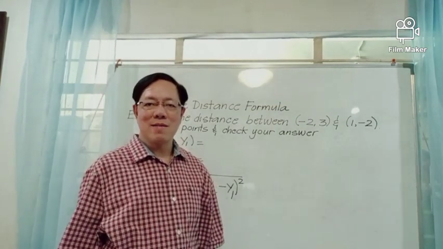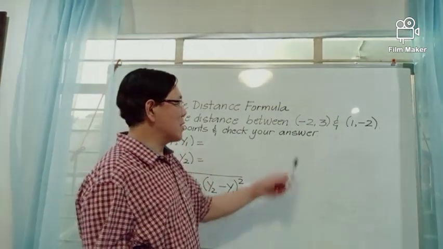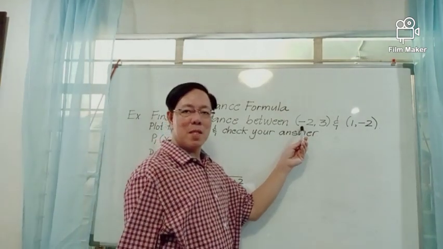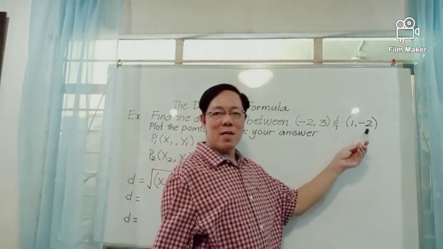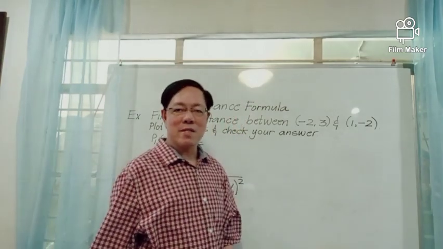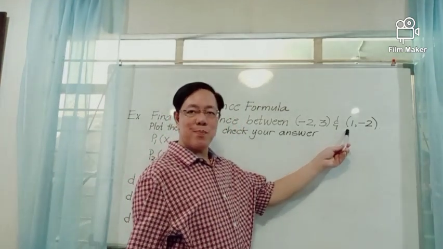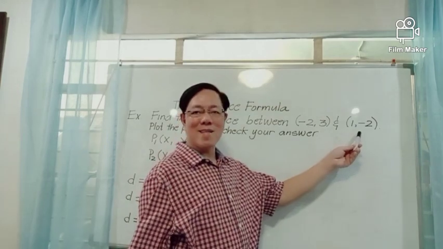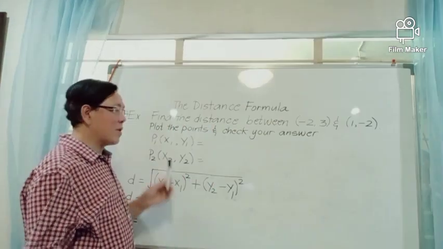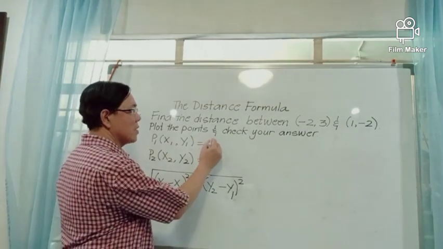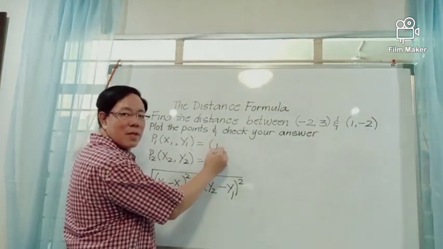Again, we get the distance between the two given points, negative 2, 3, and 1, negative 2. But this time, we take the second point, 1, negative 2, as the point P1. We take P1 as the point 1, negative 2.